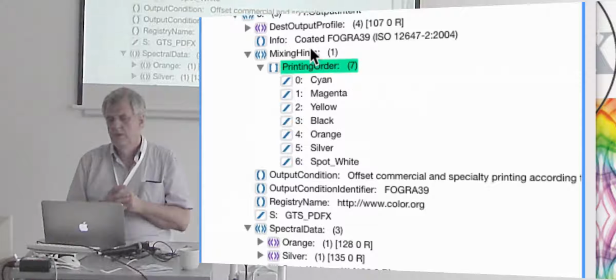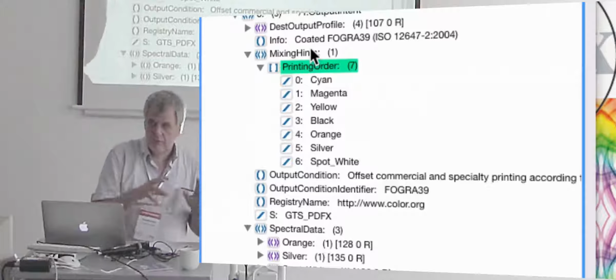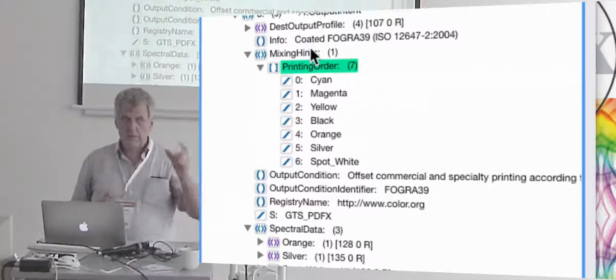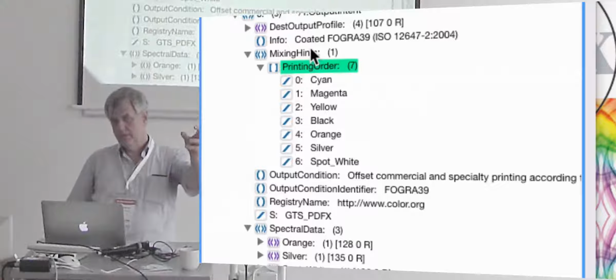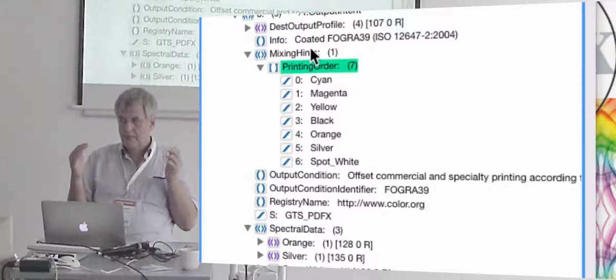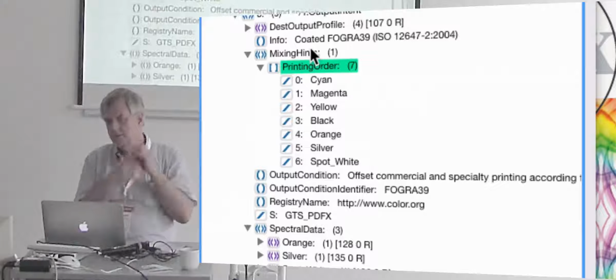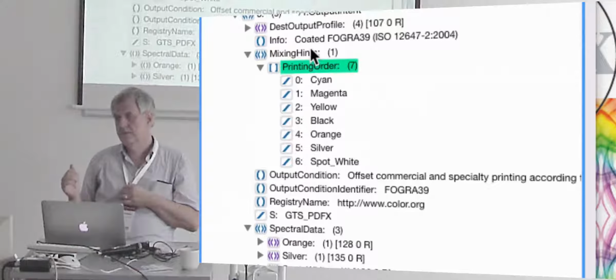This is kind of a poor man's approach to doing what we have just been discussing as spectral data. If you have the alternate tint value of a spot color and the solidity, it becomes easier to predict how it interacts with other inks, but only if you know the sequence of inks in the printing process.